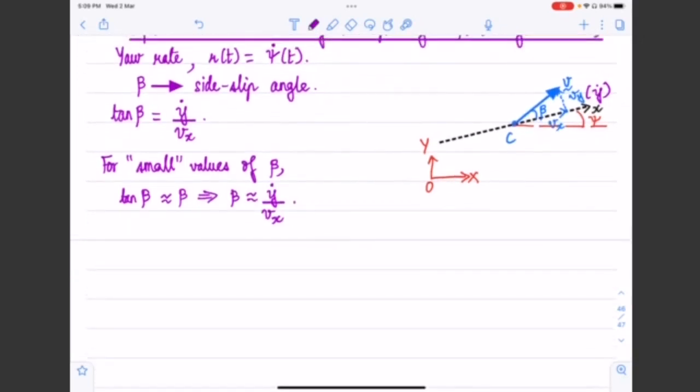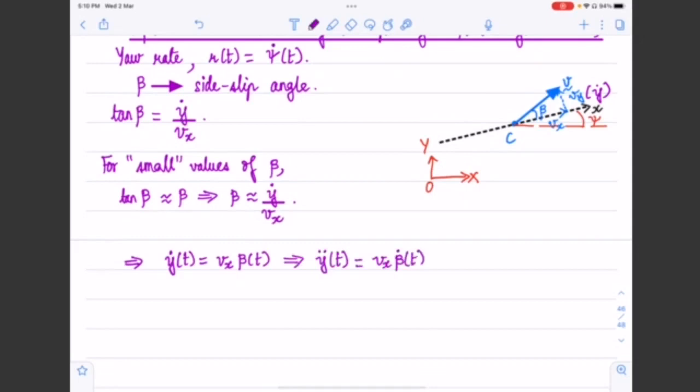This implies that y dot of t can be written as Vx times beta of t. Please remember that Vx is constant. So y dot becomes equal to Vx times beta of t. This implies y double dot of t, which is the lateral acceleration, becomes equal to Vx times beta dot of t.